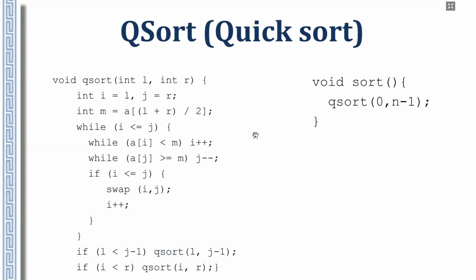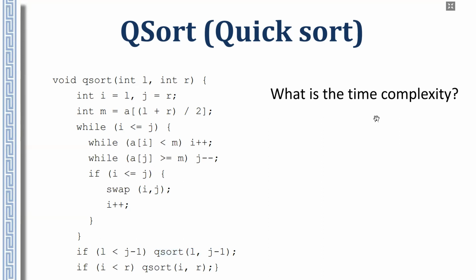For sorting the whole array, we just put as the left border and right border the leftmost element and rightmost element of our array. But what about the time complexity of this solution? It is not so easy to understand what the time complexity is.